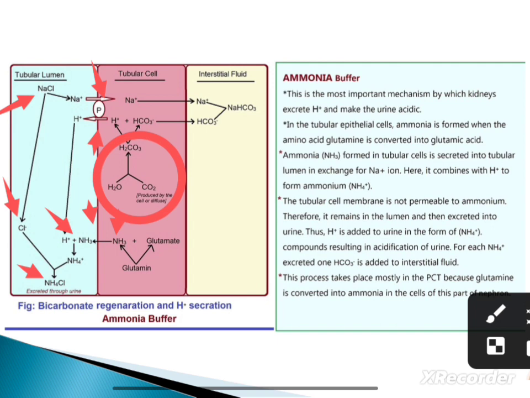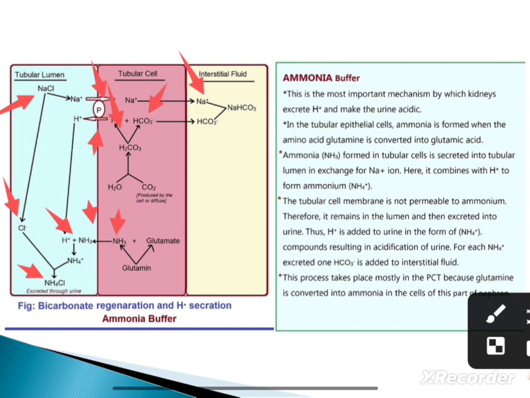A common metabolic pathway is the TCA cycle. So this carbonic acid dissociates into hydrogen and bicarbonate, and in the same way sodium and bicarbonate enter into the blood.